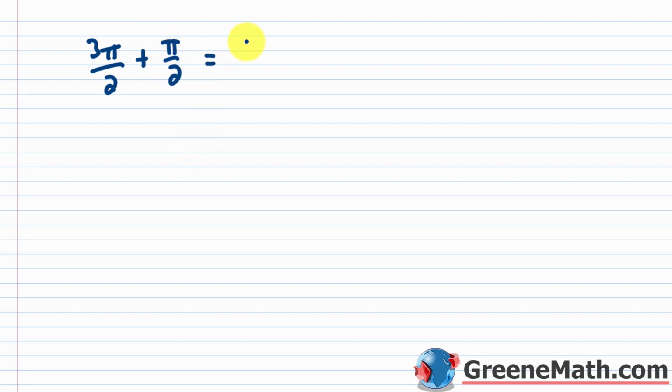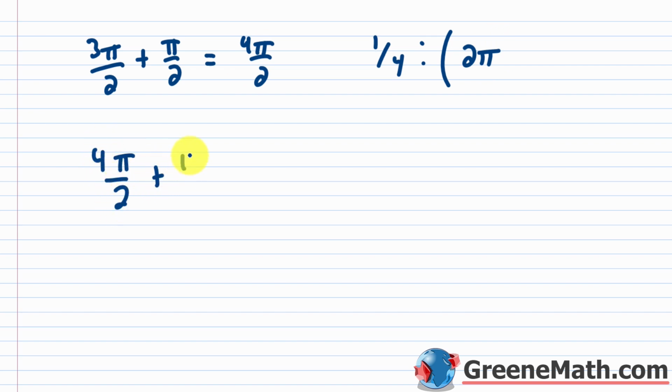And then basically that's going to give me 4 pi over 2. So let me write this as the quarter point, so the first quarter. You're going to have 4 pi over 2, which is going to be 2 pi if you simplify. But keep it like this for adding. So for the next guy, you're going to go 4 pi over 2 plus pi over 2. That way you don't have to worry about getting a common denominator.